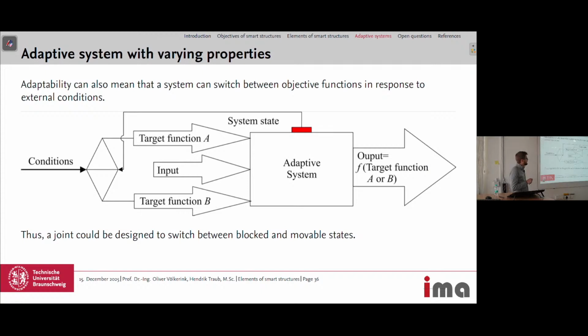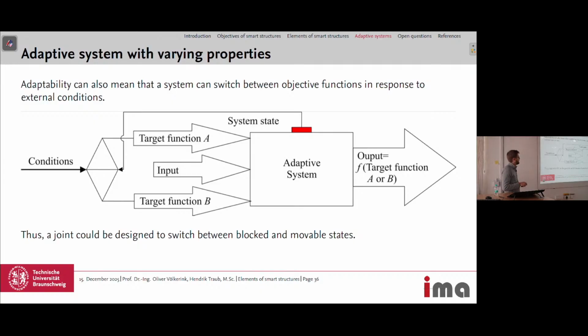Okay, one idea could be the droop nose we saw, or more traditional high lift devices, because then you can switch the aircraft state from cruise flight, where you want to reduce drag and do not need so much lift, to the start and landing phase, where you need high lift coefficients, and the drag is maybe not so important because you are not flying that fast.